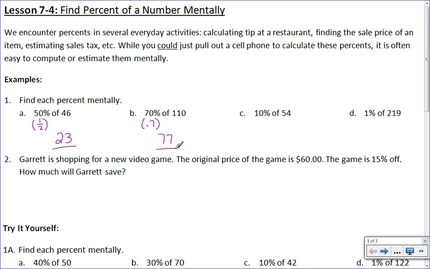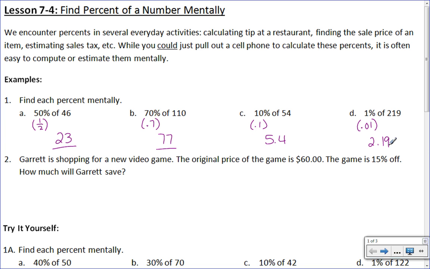Okay, we'll do basically the same thing for C and D. For C, we'll think of 10% as 0.1, and 0.1 times 54 is 5.4. And for D, 1% is 0.01, so 0.01 times 219 is 2.19.